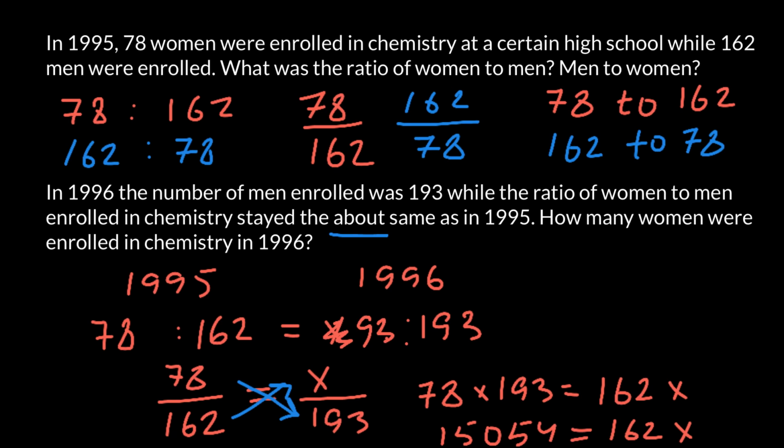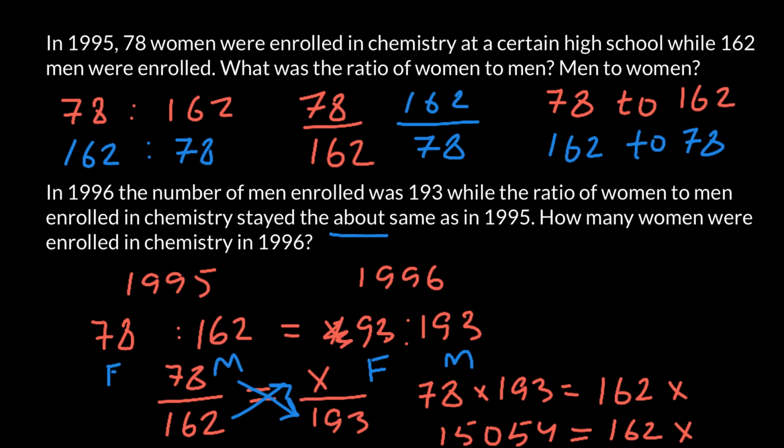And what is the other way how we can solve this problem? Basically, here are females and here is the number of males. For this equation to be true, we have to find how much bigger the number of males here is than this number.